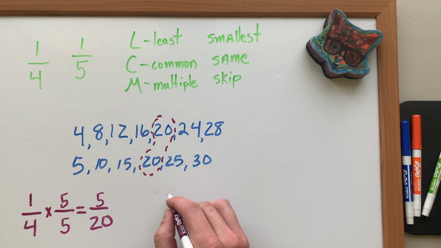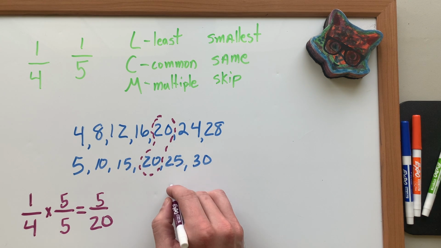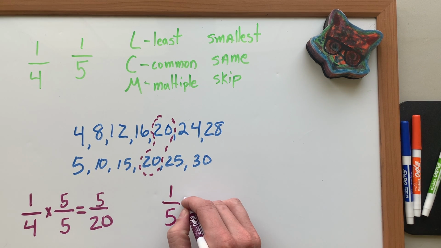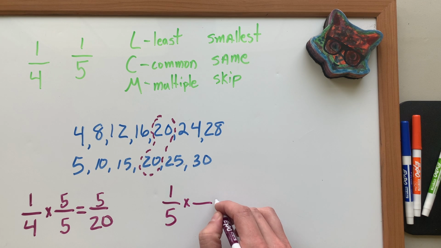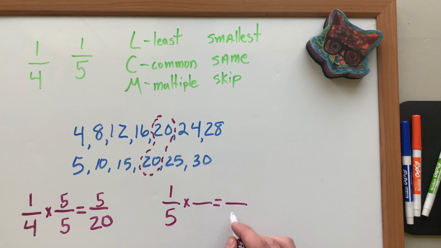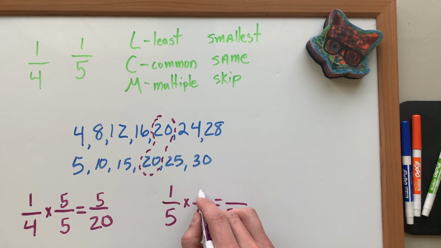Let's do the same for 1 over 5. 1 over 5 multiplied by something is going to give me an equivalent fraction with a denominator of 20. 5 times what is 20? 4. In my special 1 fraction, if it has a denominator of 4, it must have a numerator of 4.